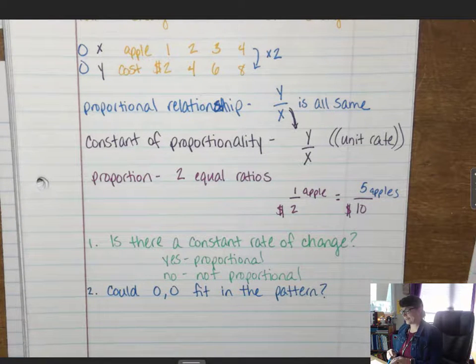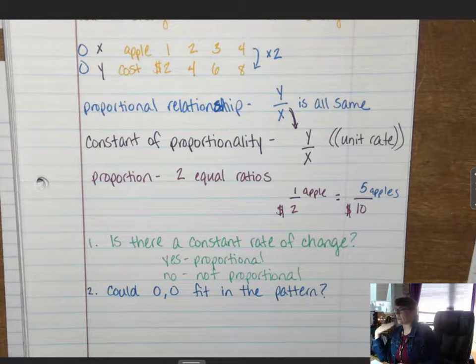If, like my cell phone bill, let's say it's $20 a month, that gives me like 100 minutes of talk time, but every minute after 100 is 5 cents. So when I started, it's 20, and then it's going to go up 5 cents every minute after that.